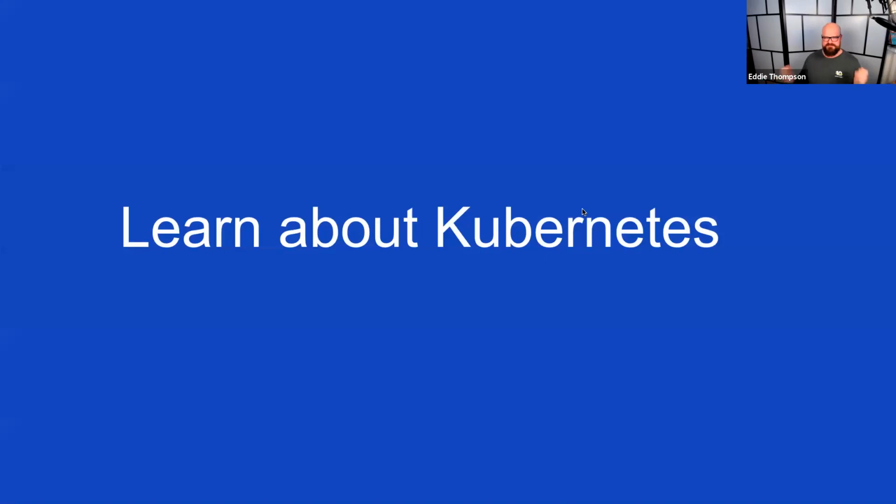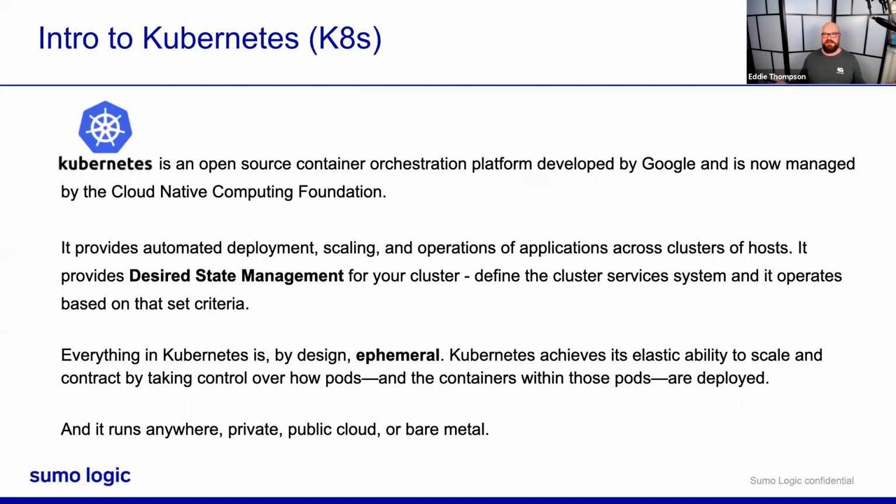First of all, let's go into a little bit of detail about the history of what Kubernetes is and how it started. Kubernetes is a container orchestration platform. It was developed by Google and open sourced, and is now managed by the Cloud Native Computing Foundation, which is a spin-off of the Linux Foundation.